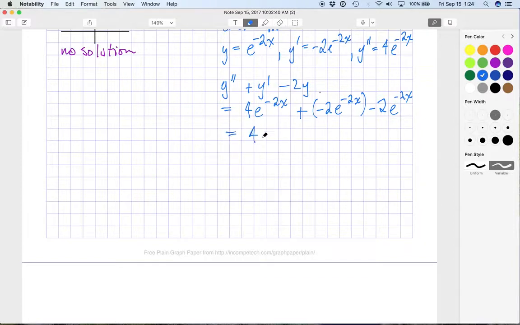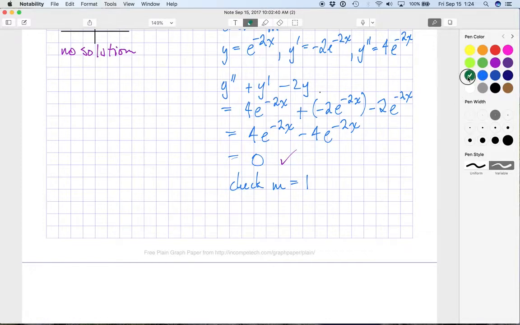We've got 4e to the negative 2x, and this works out to minus 4e to the negative 2x, and so that's going to work out to 0. And so it does check out. It's consistent with the solution we got. Now, I would encourage you to go back and check m equals positive 1, because that was our other solution, and verify for yourself that this still holds up.